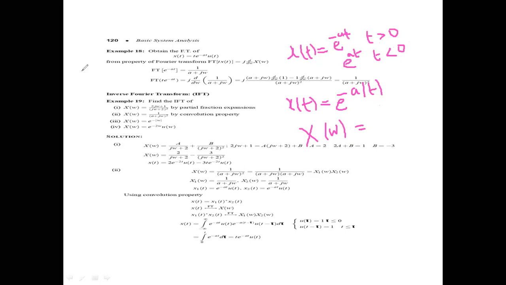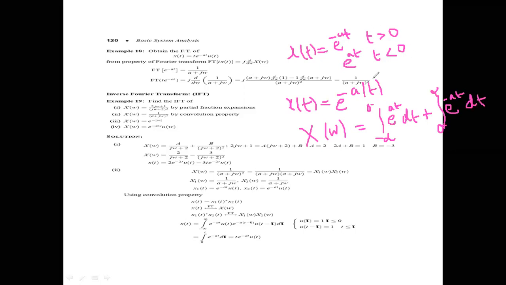So the inverse Fourier transformation becomes integral minus infinity to 0 of minus e power at dt, plus integral 0 plus to infinity e power minus at dt.